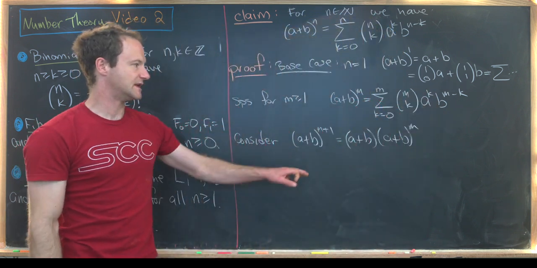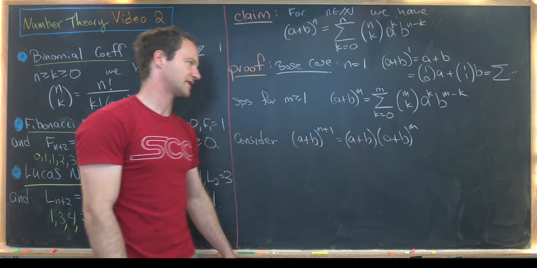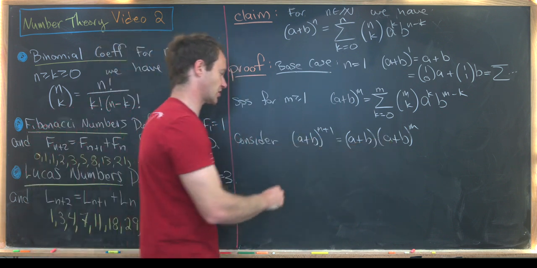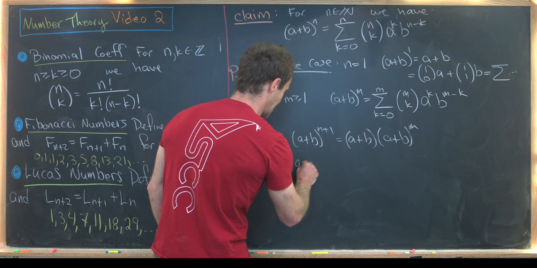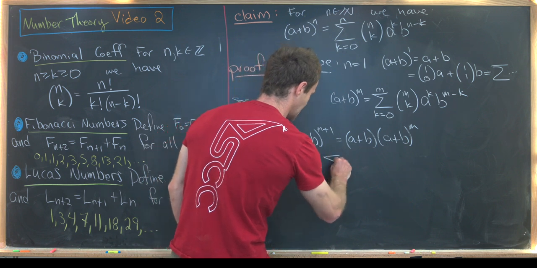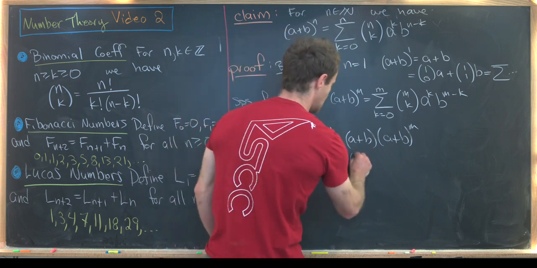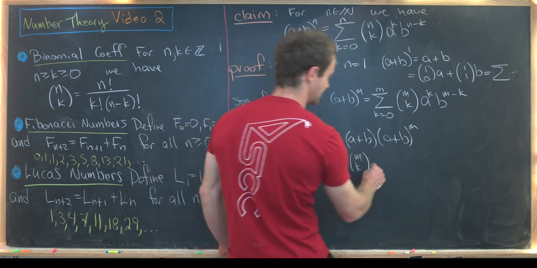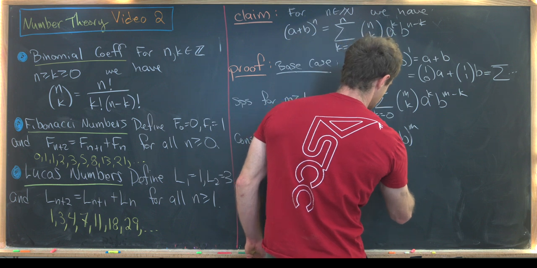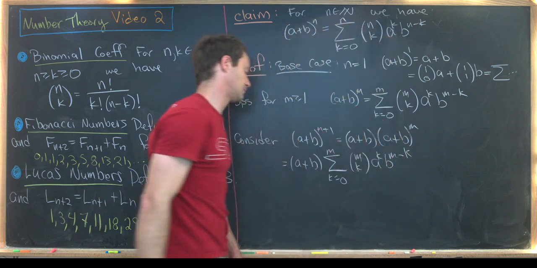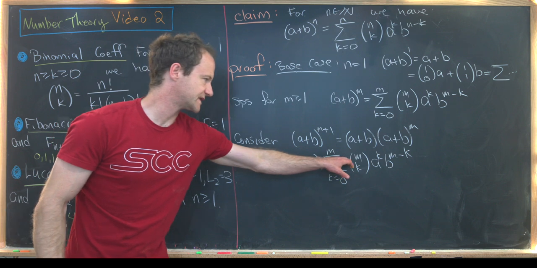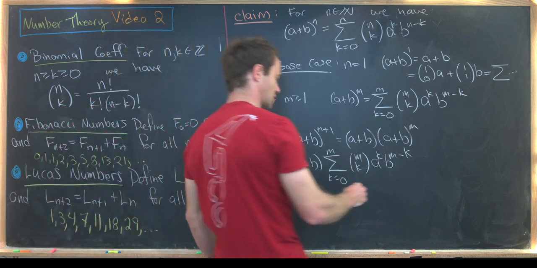Okay. But now we can apply our induction hypothesis to this second term to rewrite this as a plus b times that sum as k goes from 0 up to m of m choose k times a to the k, b to the m minus k. Now we'll distribute this sum onto each of those terms.